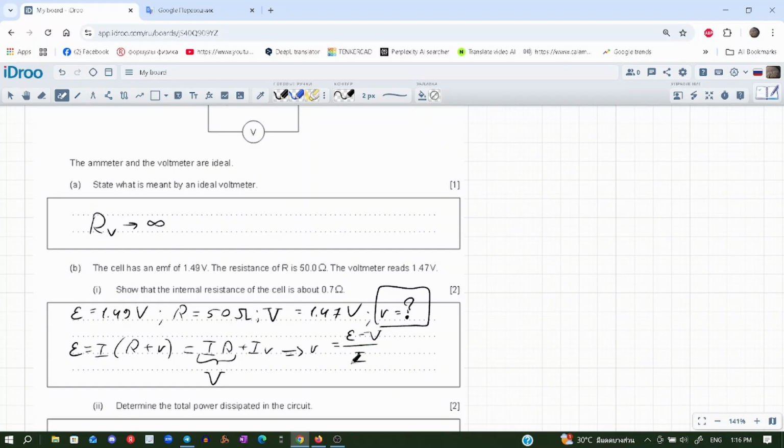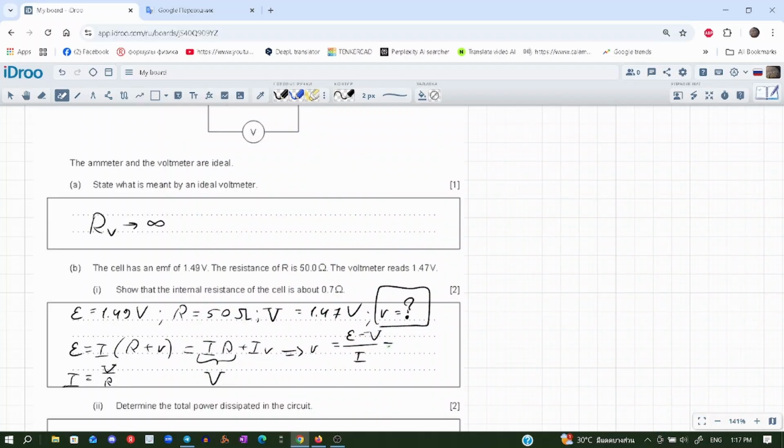But also I can say that current equals V over R, right? V, this is the voltage drop on this resistor, the external resistance capital R, and according to Ohm's law, we can derive the current like this.